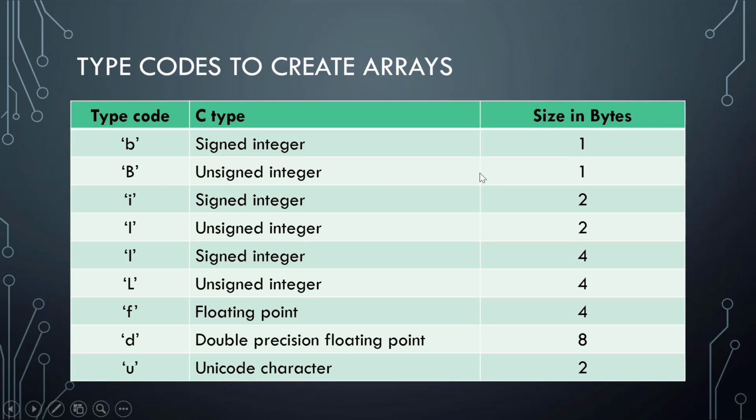The most widely used are i for integer, d for double precision floating point values, which occupy 8 bytes, and u for Unicode characters. If you want to store a group of characters, an array of characters, we go for u as the type code. These type codes we need to remember while working with arrays.